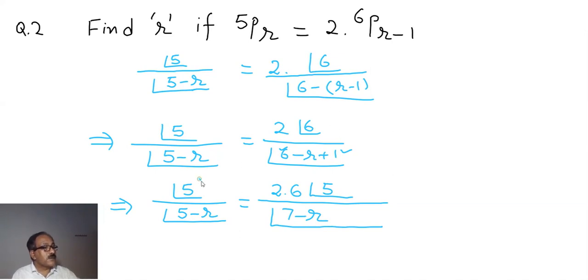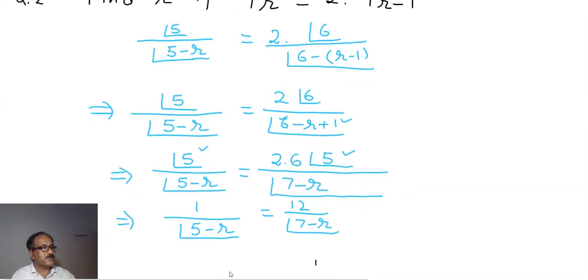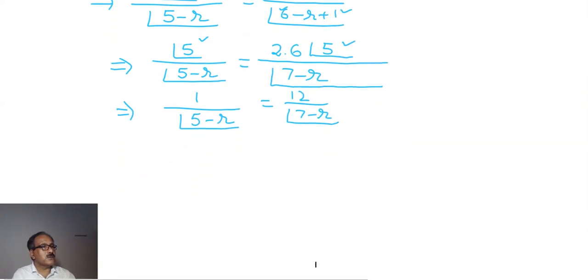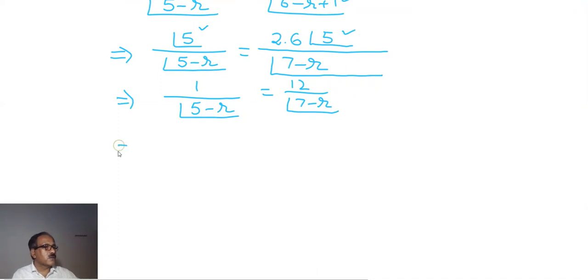Student, factorial 5 in numerator and factorial 5 in denominator are the same, so we will have 1 upon factorial 5 minus r is equal to 12 upon factorial 7 minus r.